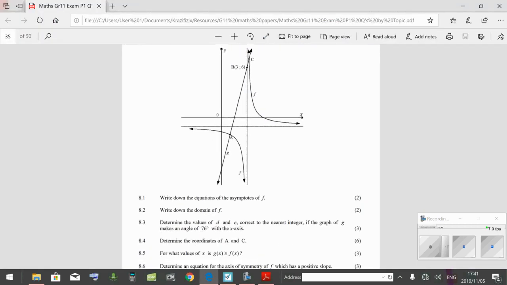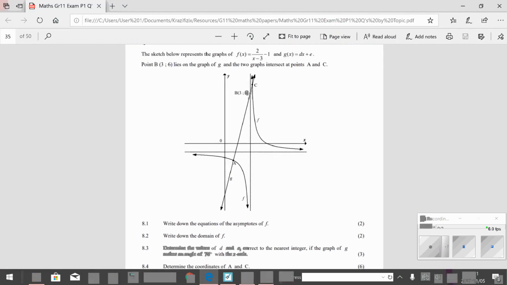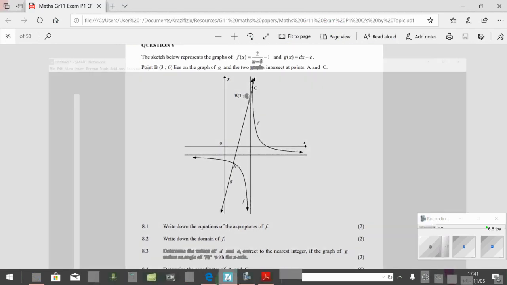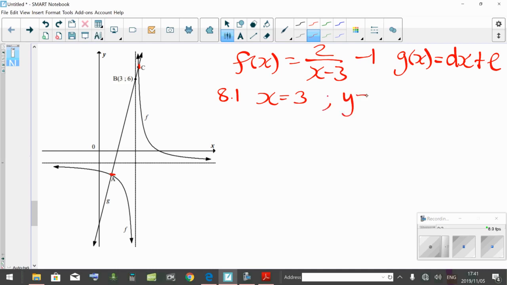What does the first question say? Write down the equations of the asymptotes of f. They're giving us 2 free marks for that. Now, we said that our asymptotes can be read off from the function. Remember we said x is equal to p and y is equal to q.